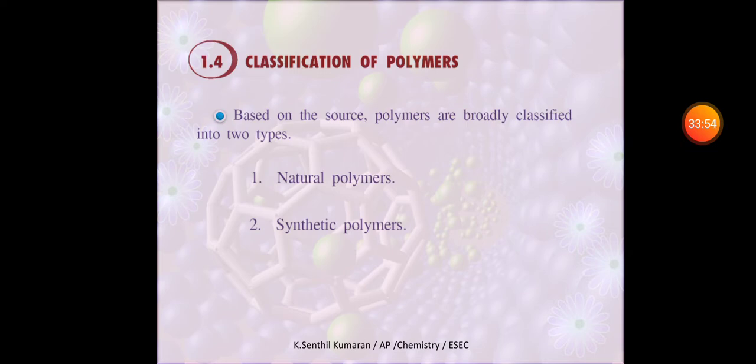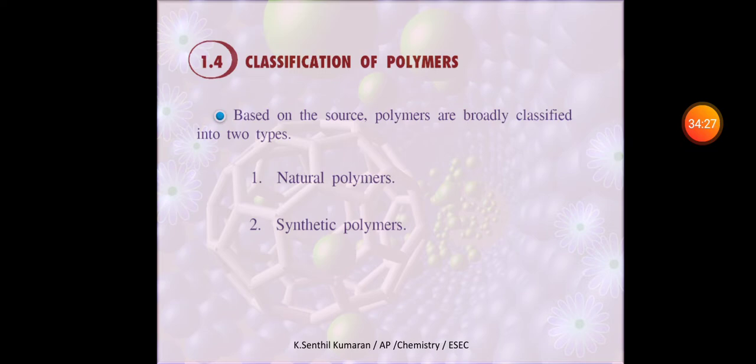Classification of polymers based on nature, source and applications. The main classification of polymers: one is natural polymers, another one is synthetic polymers. If the polymers occur in nature, that is called a natural polymer.